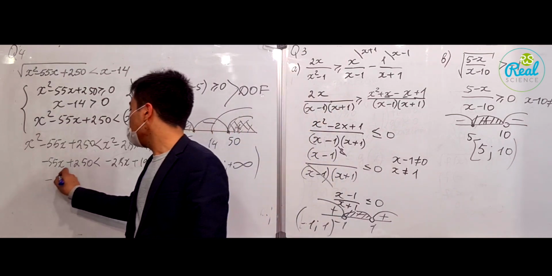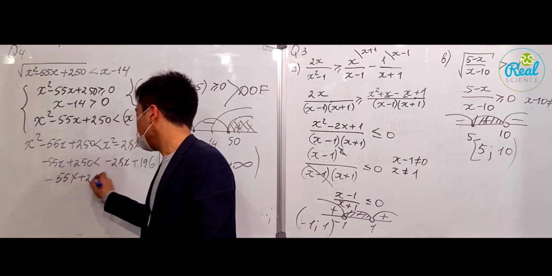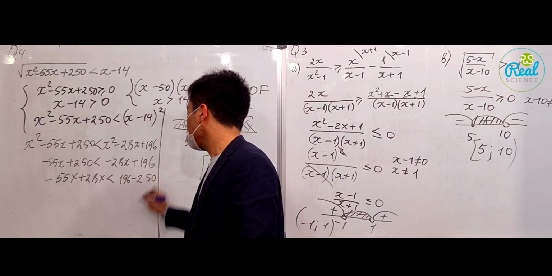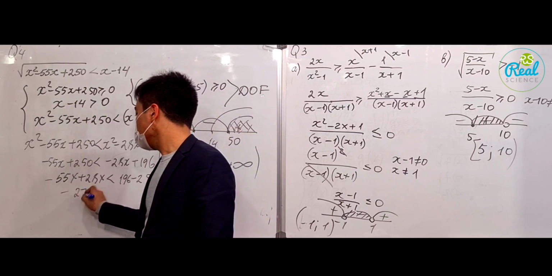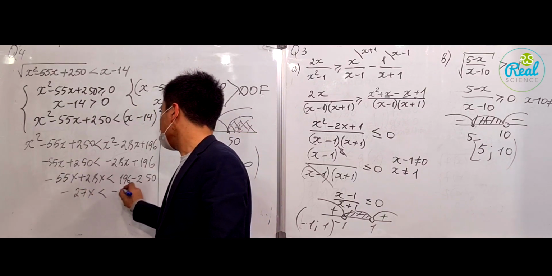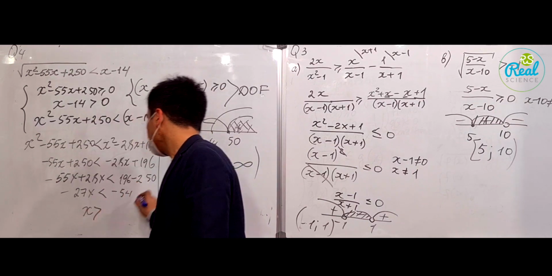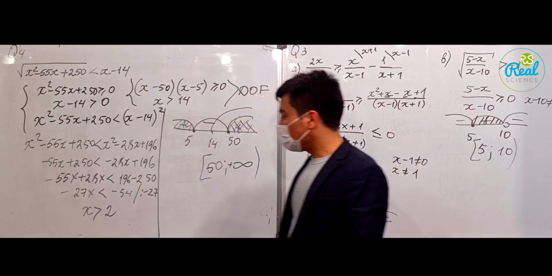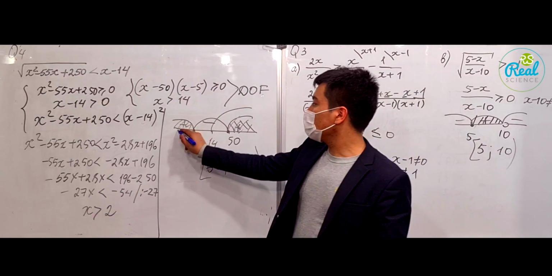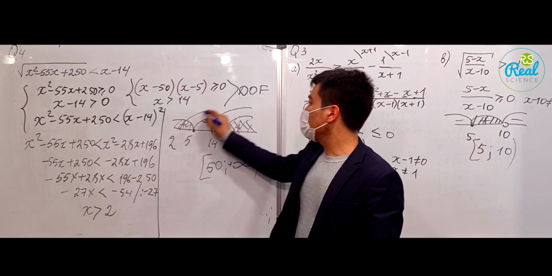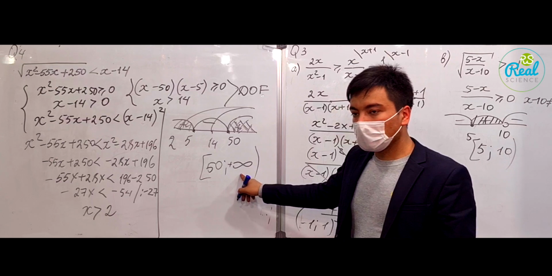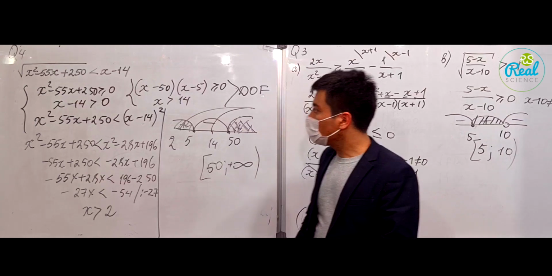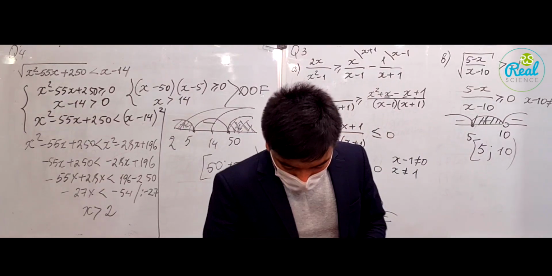Minus 55x plus 28x, and 196 minus 250. It's going to be minus 54. When you divide by minus 27, it's going to be 2. X must be greater than 2. When we combine the answers, this answer is from 50 to infinity. This is the answer. So this is all.